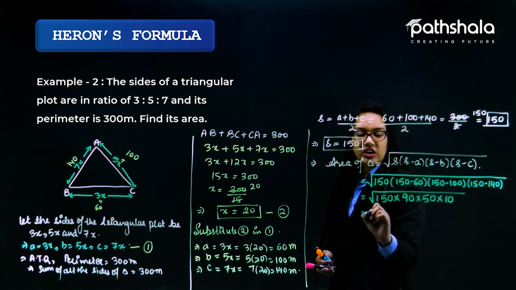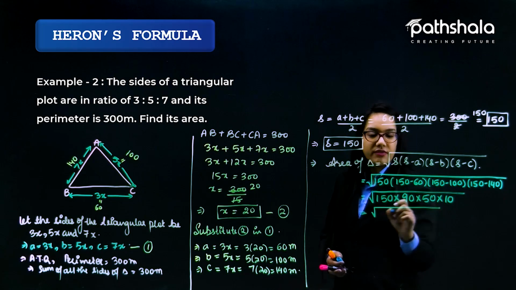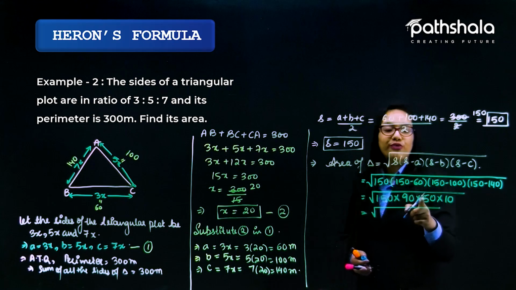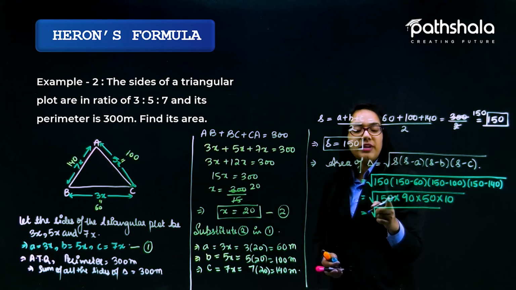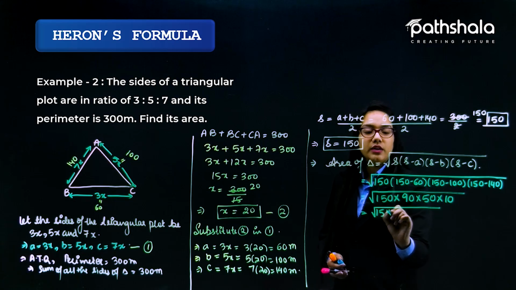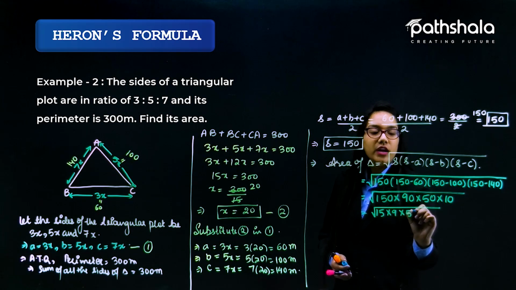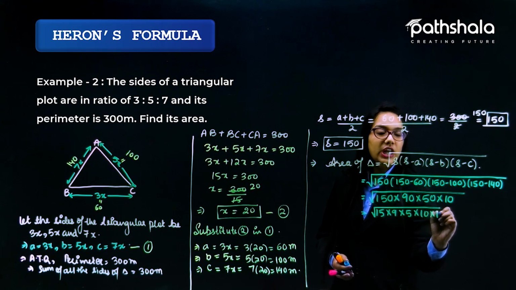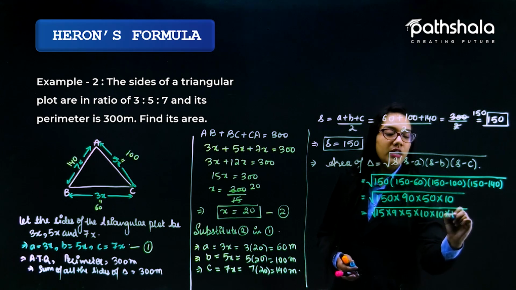So we have the values 15 into 9 into 5, taking 10 out of each, into 10 into 10 into 10.